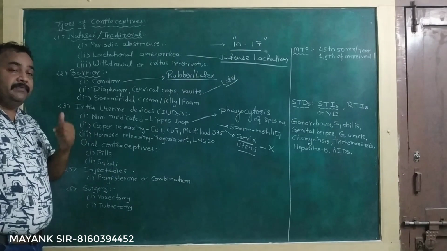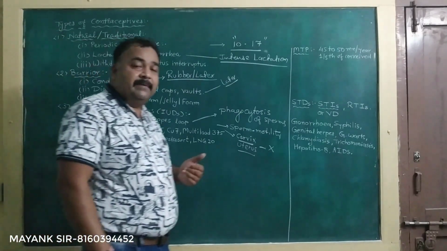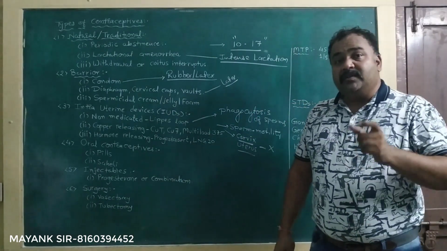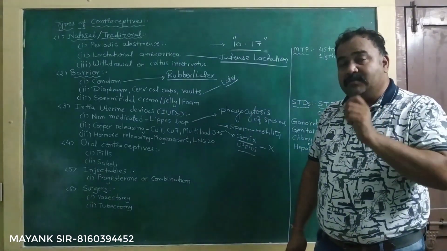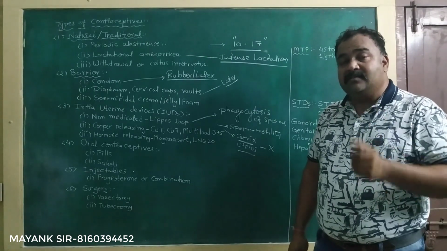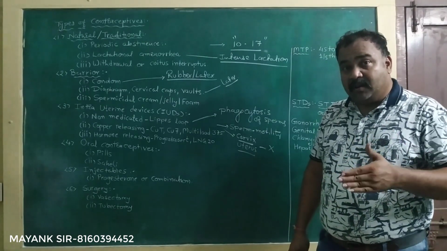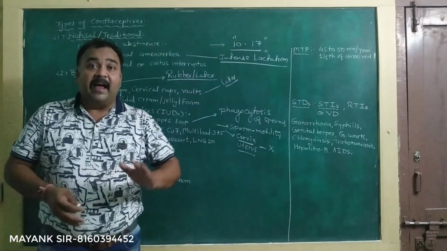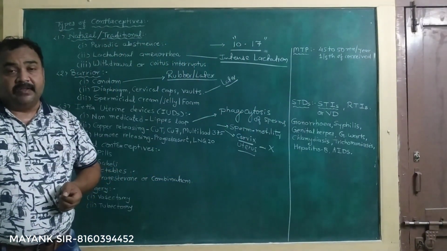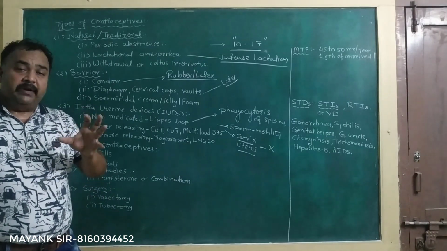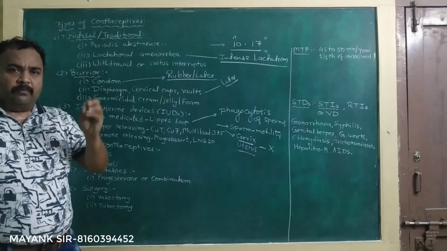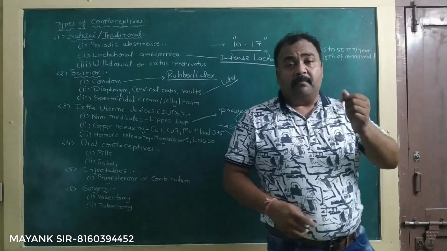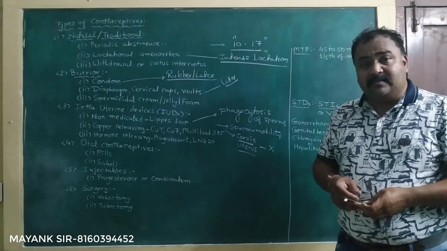Now, oral contraceptives. Oral contraceptives contain either progesterone or progestogens, or a combination of progestogen or progesterone and estrogen. These combinations occur in the form of tablets, which are commonly known as pills.